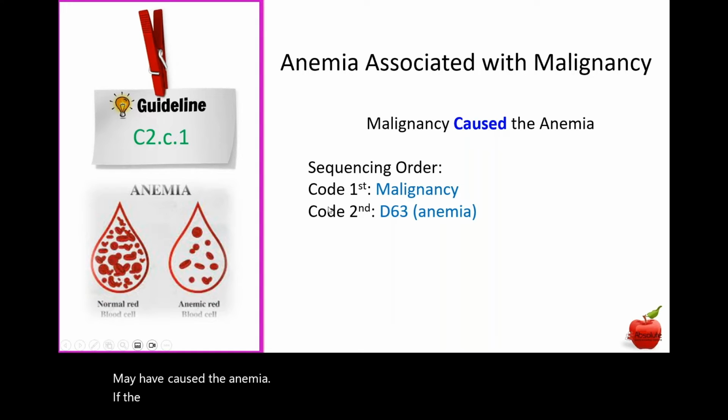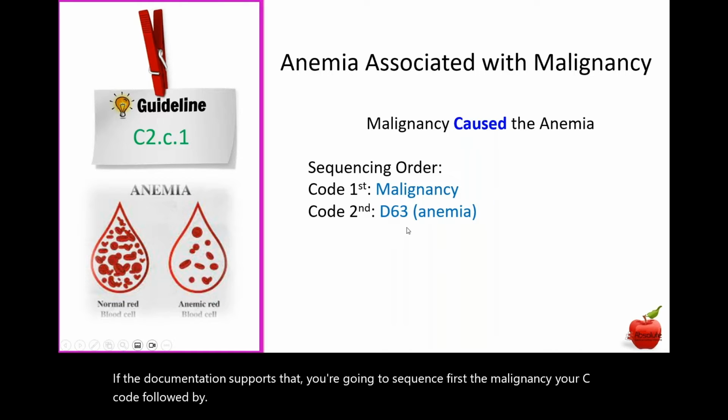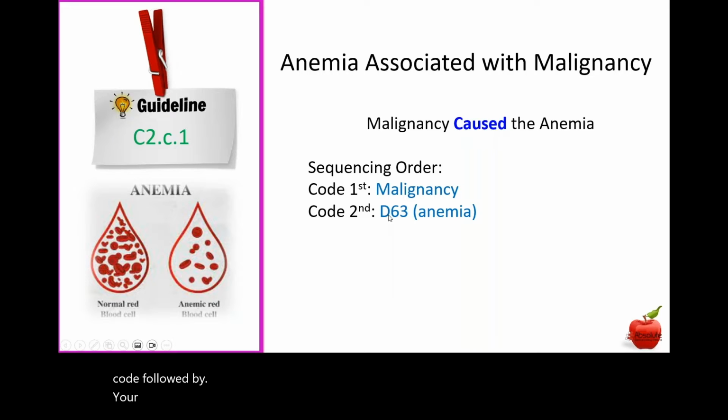If the documentation supports that, you're going to sequence first the malignancy, your C code, followed by your anemia, D63 or D6 something, an anemia code.